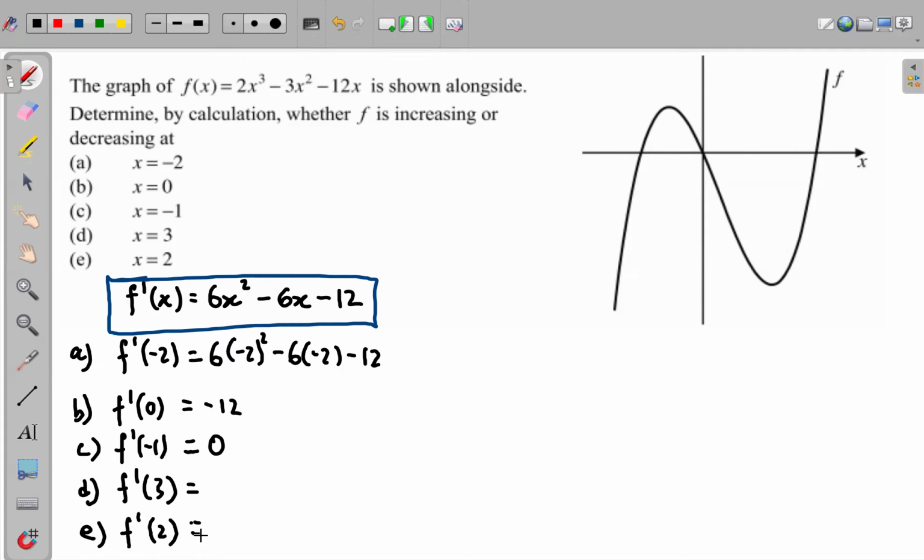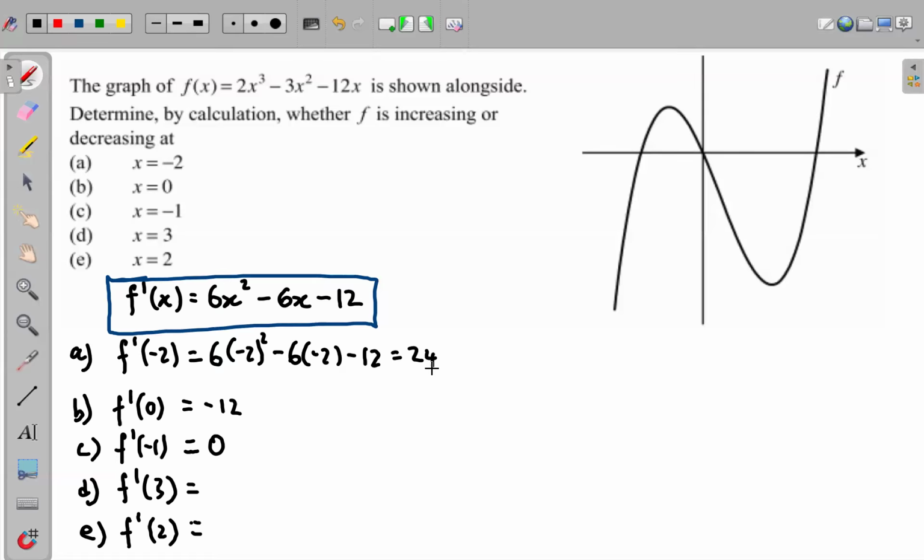What is f prime of -2? You have substituted a -2. Fantastic. Thank you there, Dineo. We're getting a 24. Did someone do f prime of 3 and then f prime of 2? It will be great to have that so that we can draw some conclusions.